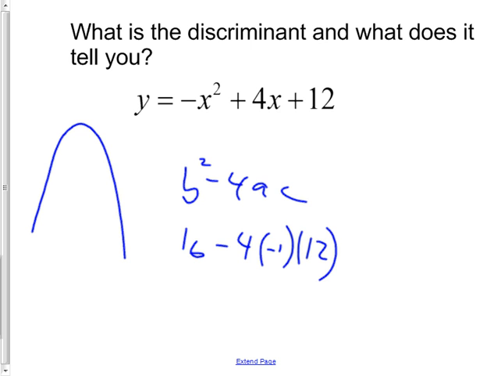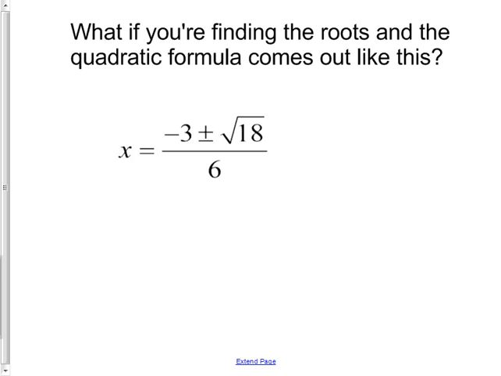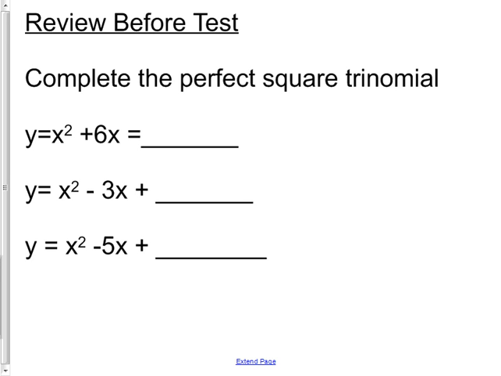Just a rough estimation in your head. Is this going to come out positive or negative? It comes out positive. Therefore, there's how many answers? What if it had come out negative? No answers. What if it had come out to be 0? And that answer is special. That one answer is the vertex. Yes.